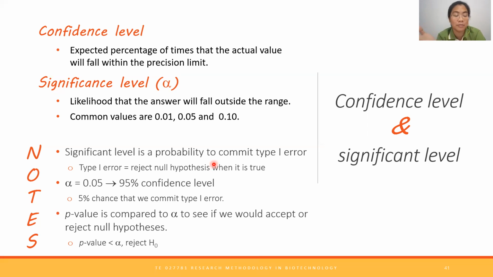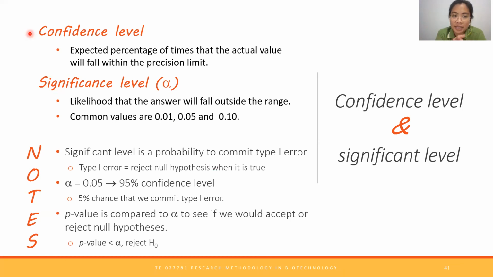Since this is probability, you want to know it is not like 100% happening or 0% happening. The confidence level and the significance level are related. So let's talk about the confidence level first.